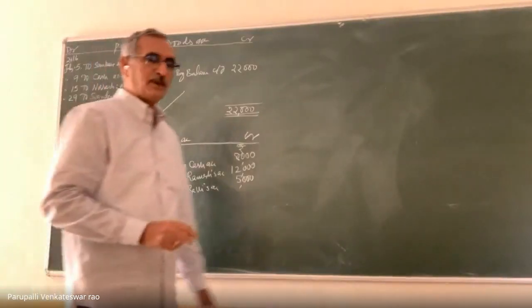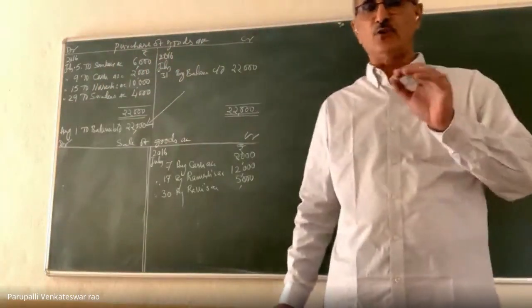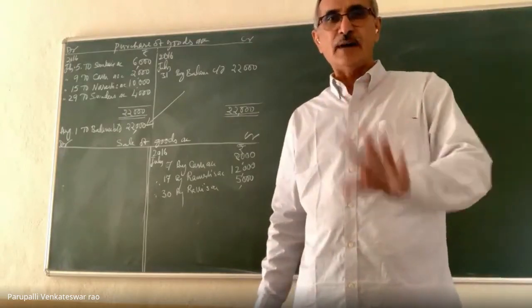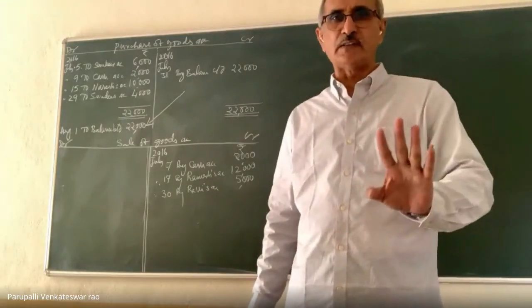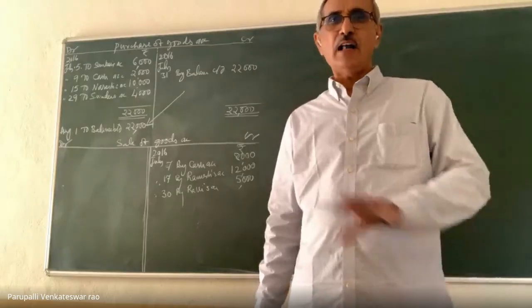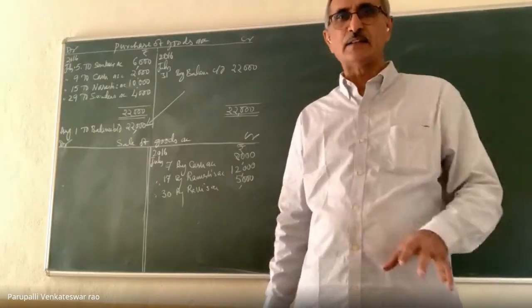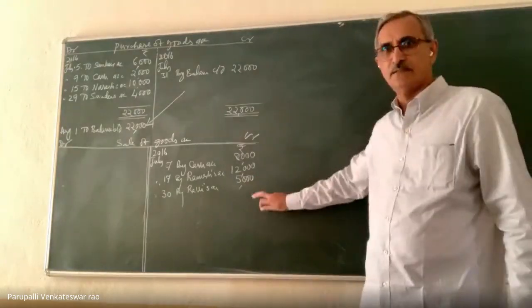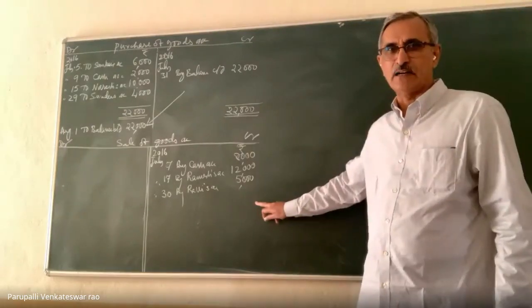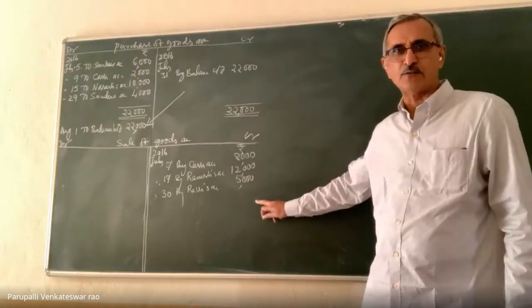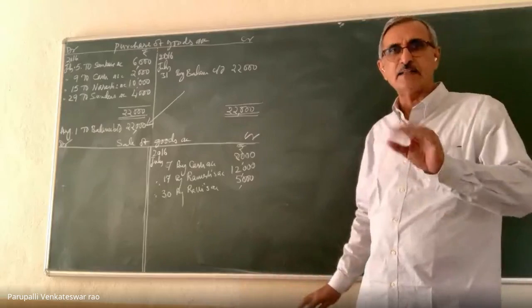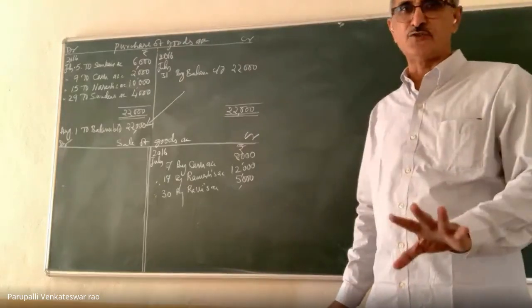It means in the month of July we sold goods three times. All sales made during the month of July are brought at one place to know the aggregate sales of the business for the month of July.